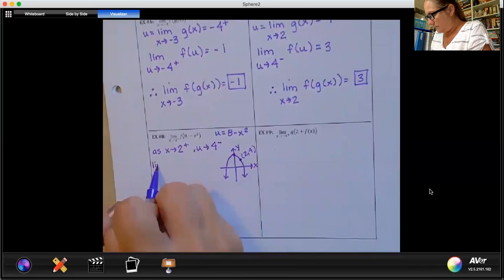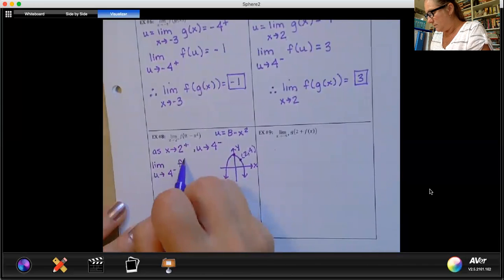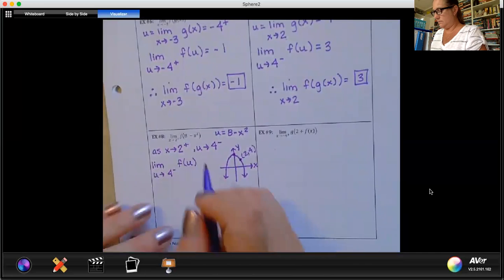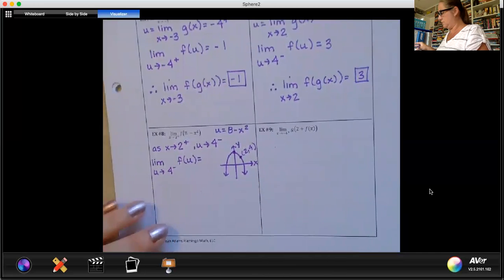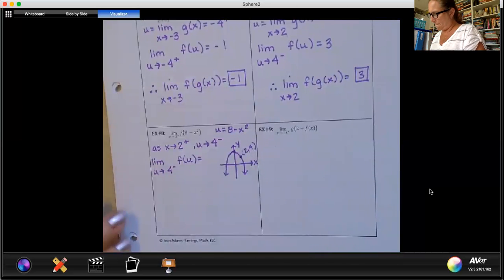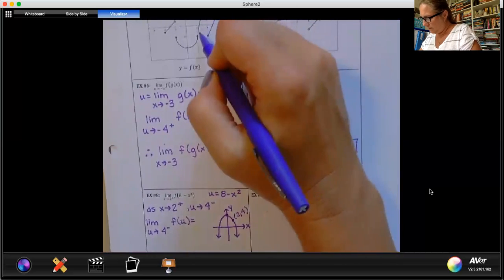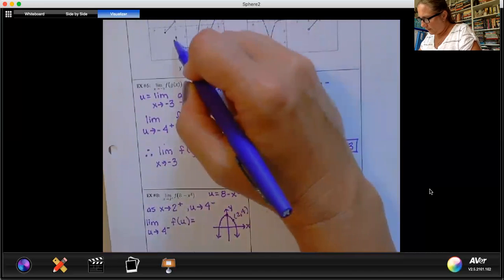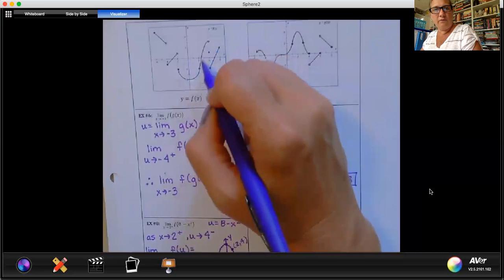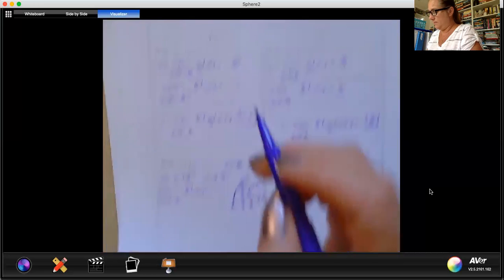So the limit as u approaches 4 from the left of your function, and we're going to our f here, 4 from the left, 4 from the left is 3.